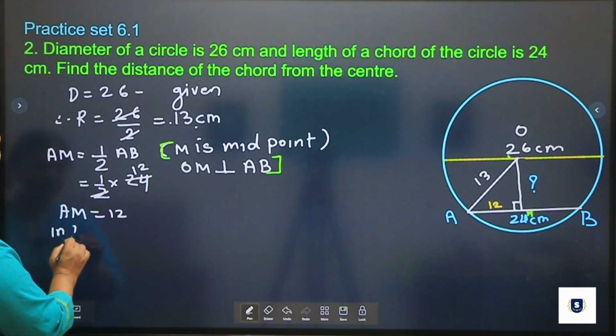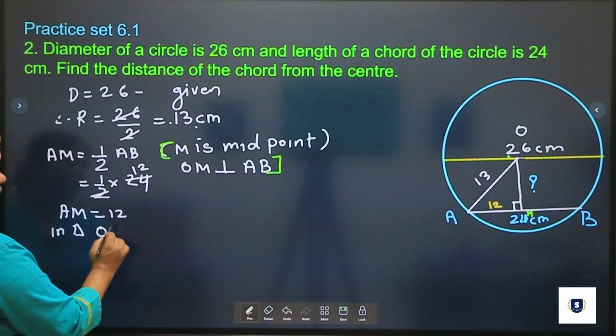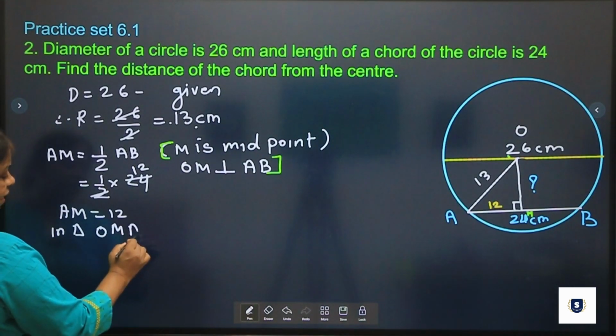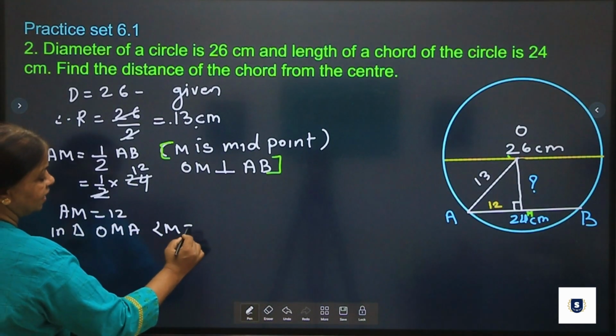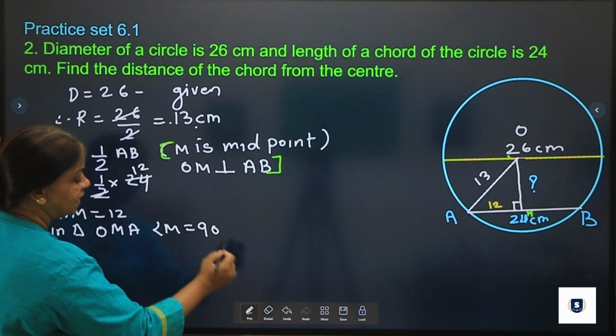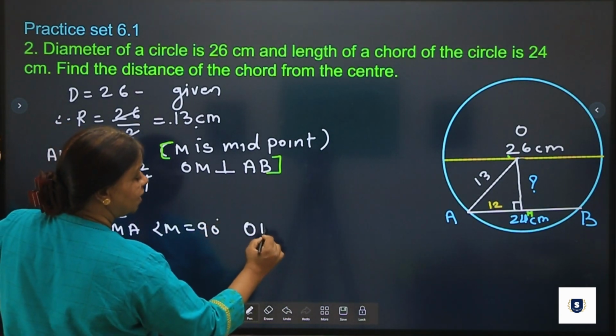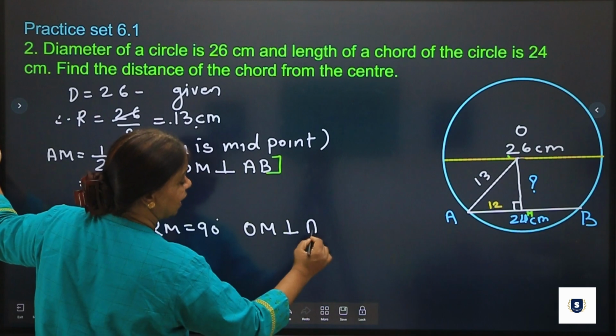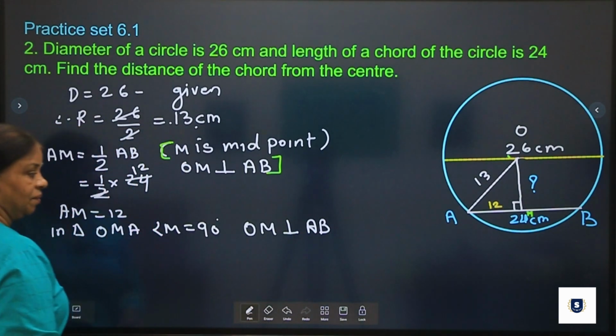In triangle OMA, angle M is 90 degree. Why is angle M 90 degree? Because OM is perpendicular to AB. Okay.